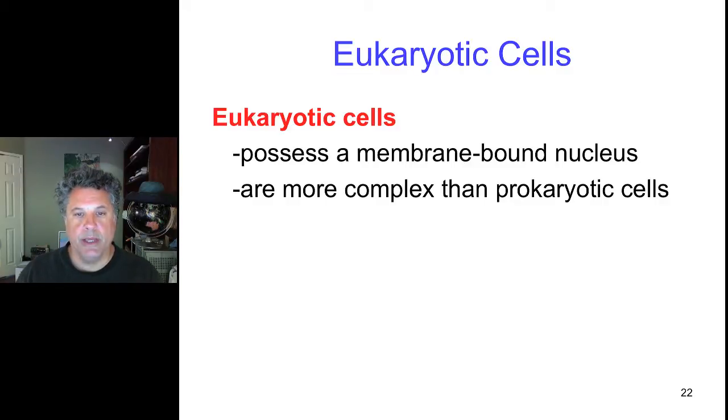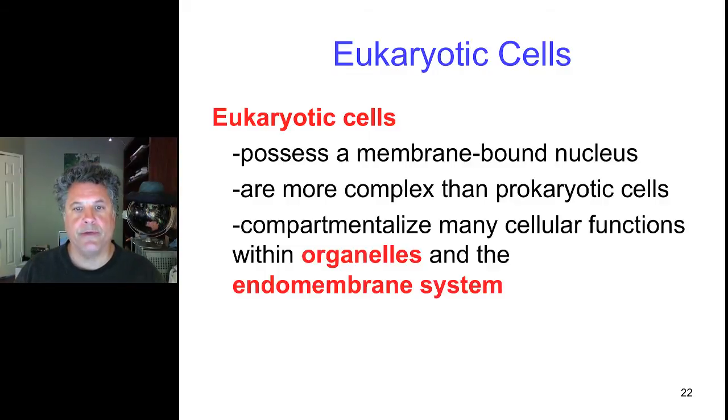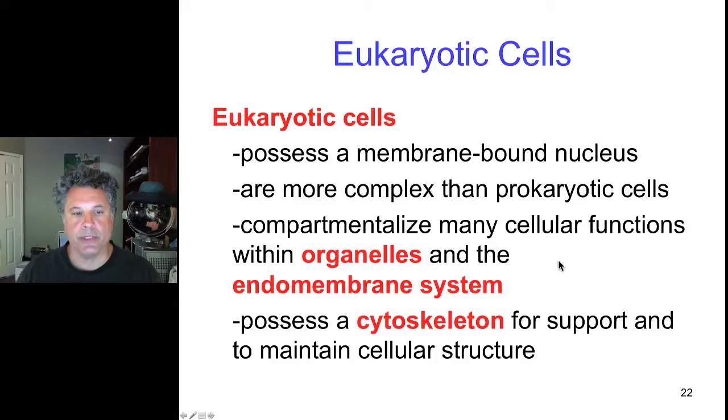And we'll be visiting those different membrane-bound compartments. So we have organelles and we have the endomembrane system that constitute those compartments, and we'll be talking about those in great detail. In addition, eukaryotic cells possess a cytoskeleton for support and to maintain structure in the cell.